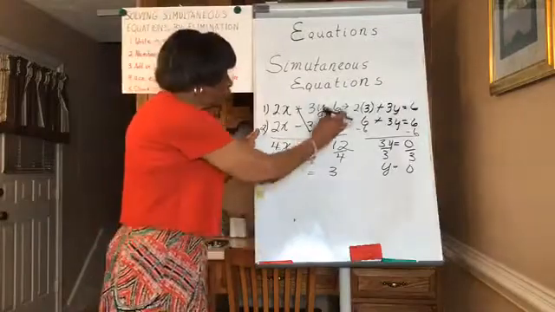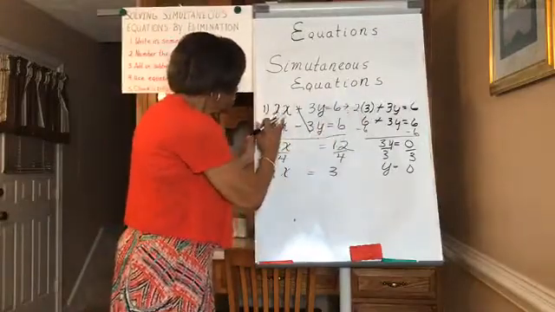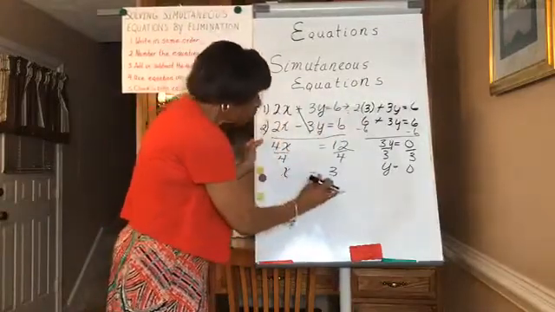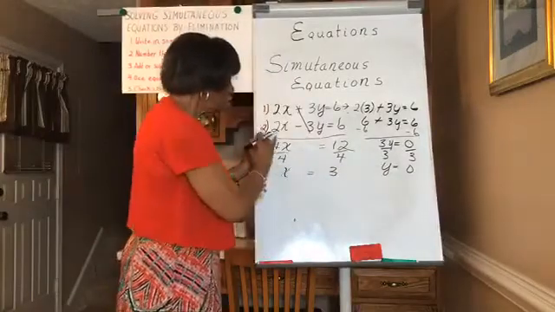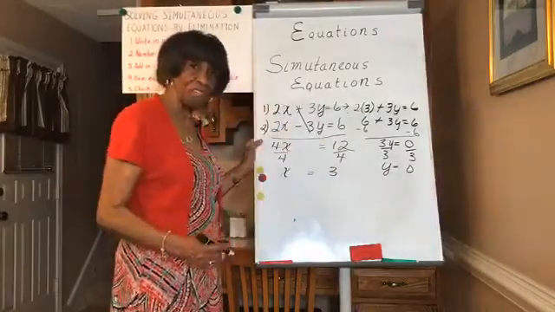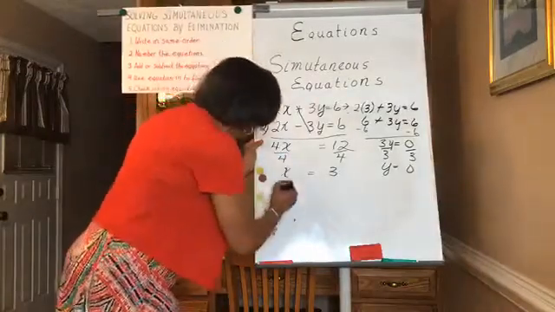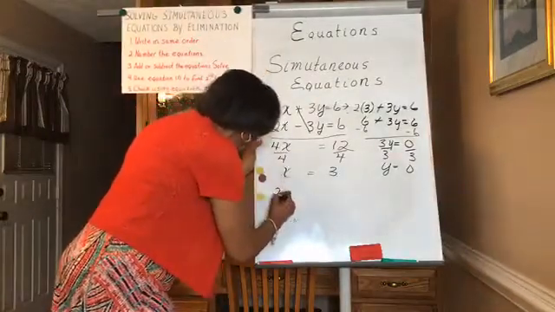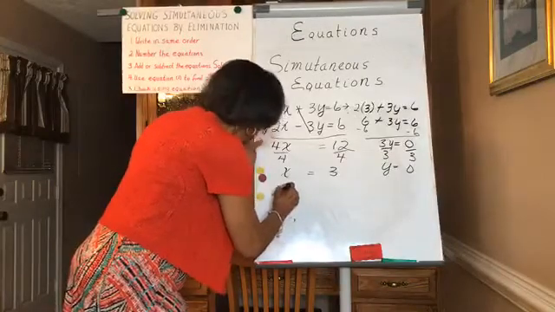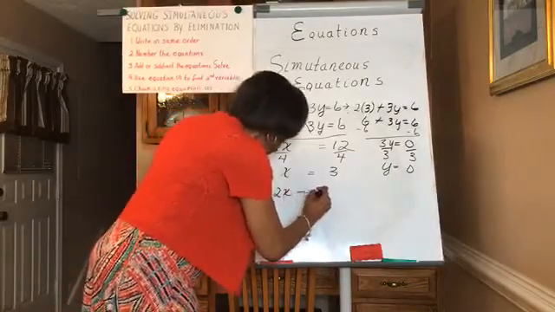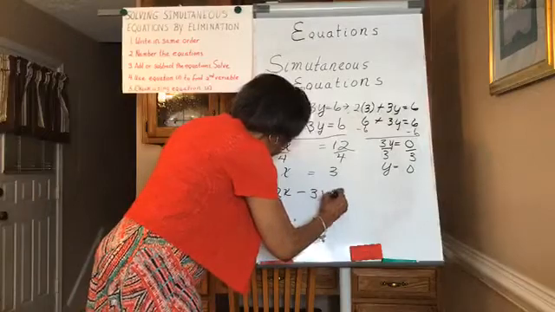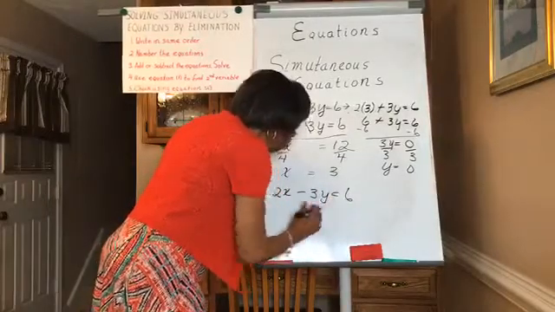So now we've just used equation 1, so now we're going to use equation 2 to plug these 2 values in to see if these values work for this equation as well. And we have 2x, I'm going to write it so you know what I'm doing, minus 3y equals 6.